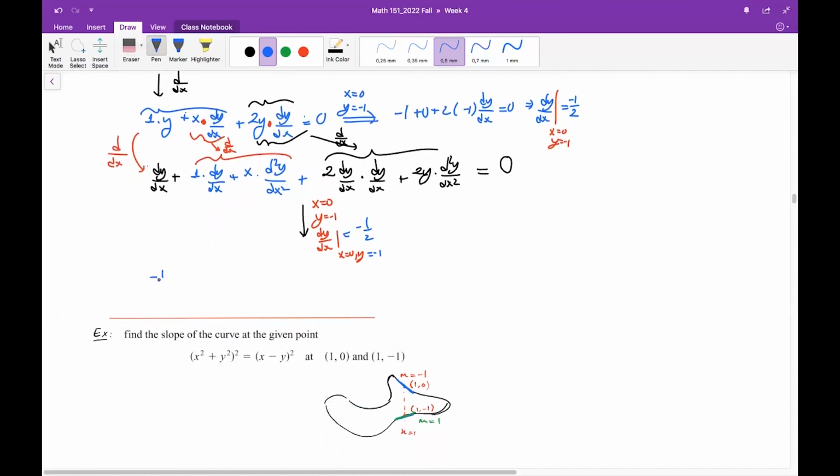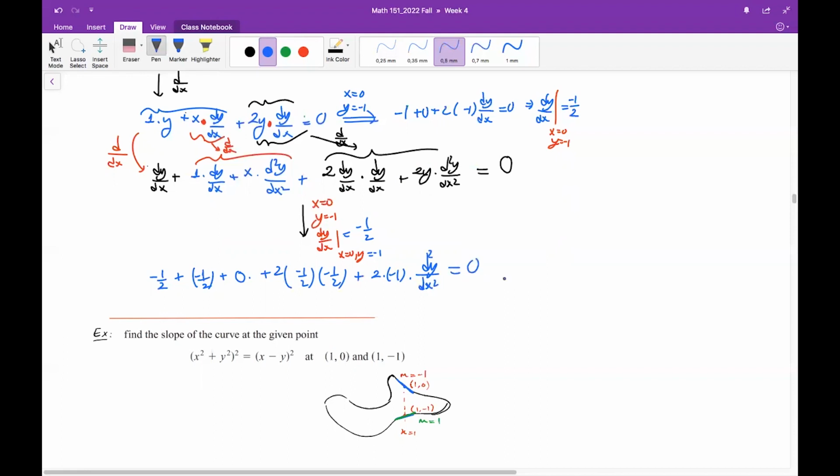So what do we have? -1/2 plus another -1/2 plus x is 0, and then plus 2 times -1/2 times -1/2. You see, I'm inserting these two, plus 2 times -1 times d squared y over dx squared, which is 0.